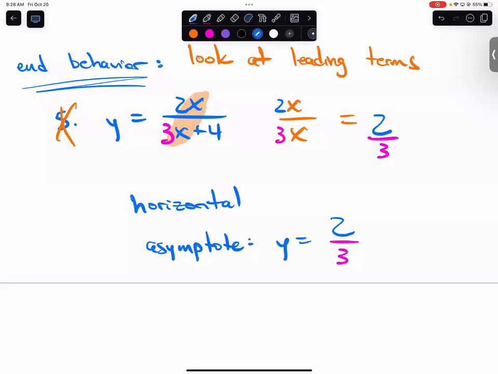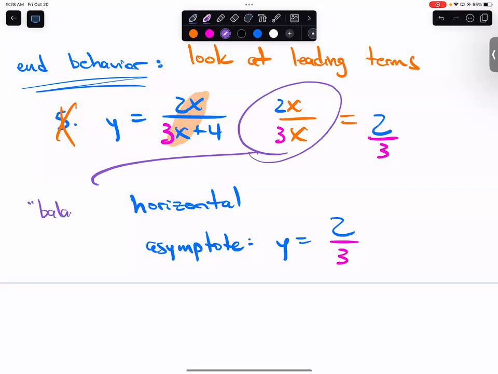I always think of this as being sort of balanced. If you want, you can picture the old timey scale thing. They're about the same size, so that's going to cause it to level off. And then you look at the leading terms to figure out where.